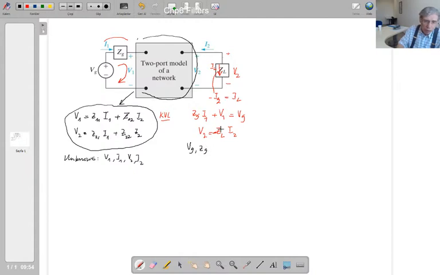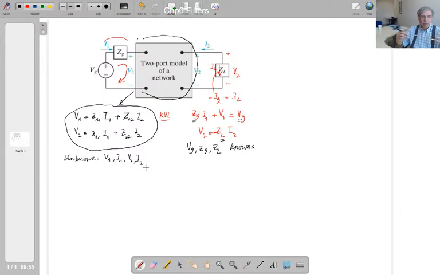A load impedance is also given, so we know Vg, Zg and ZL. Then from these we can calculate all the unknowns that we set here.